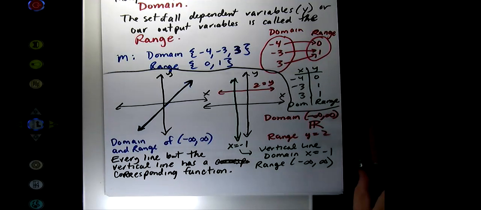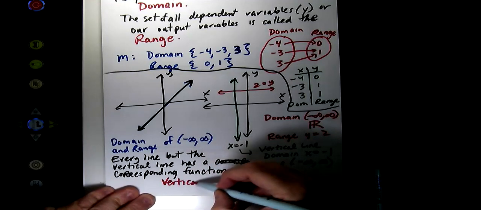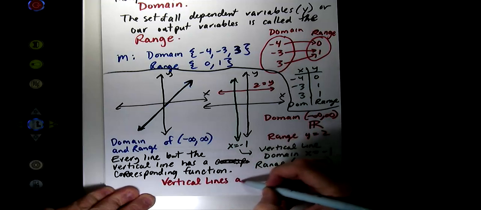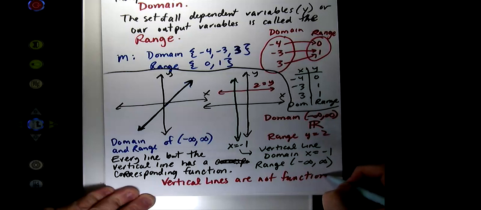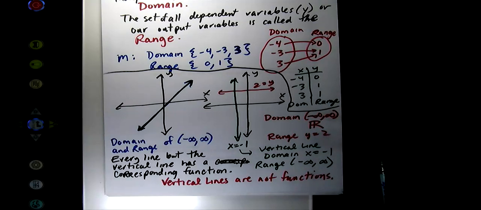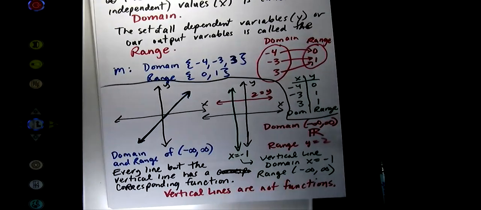Vertical line is not a function, because we want one thing to happen. And when you're graphing them, it's easy to see what is and isn't a function.